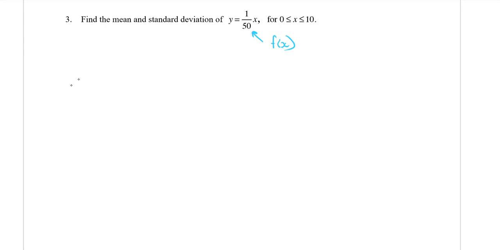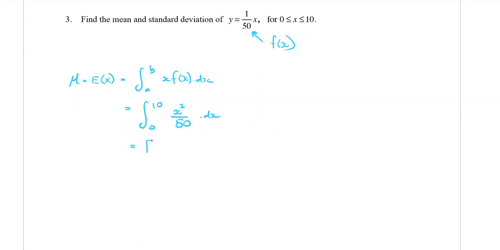So the mean, or the expected value, whichever one you want to call it, is the integral between a and b of x f of x dx. We are integrating between 0 and 10 of x times 1 over 50x. So let's change that to be x squared over 50. I'm just saving myself a few lines here. Dx. Is that all right with everybody?